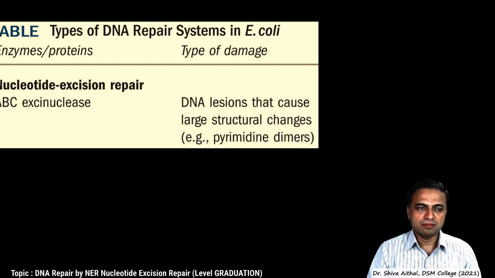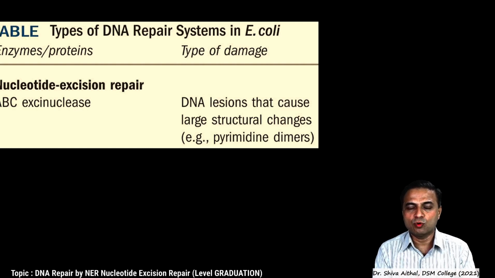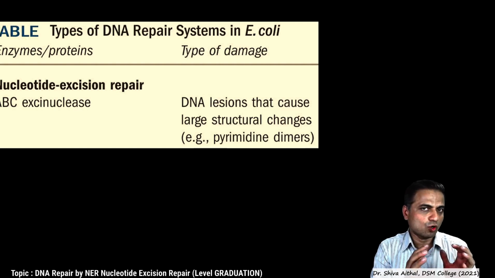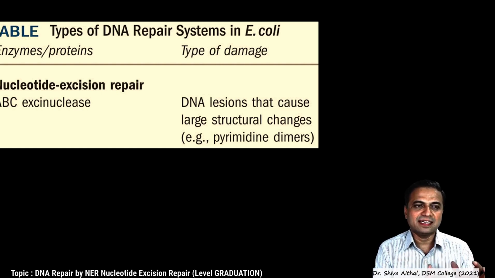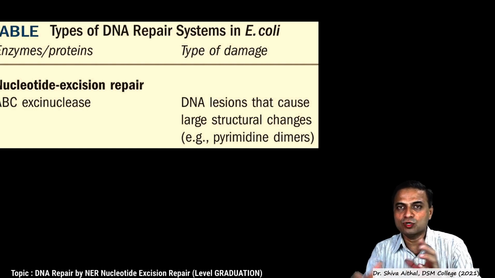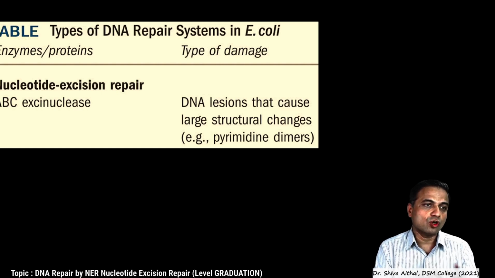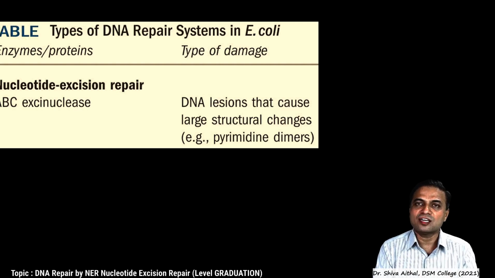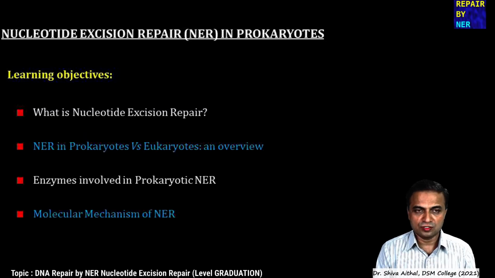Nucleotide excision repair, the enzyme system which you just saw in the animation, involves all the A, B, C, D proteins and the helicase enzyme, DNA polymerase, and ligase enzyme. All this complex is called the ABC excinuclease complex. The excision part of that enzyme, which cuts and removes the bulky lesion, is called ABC excinuclease. So these DNA lesions which cause large structural changes, that is the pyrimidine dimers, are removed by this ABC excinuclease.